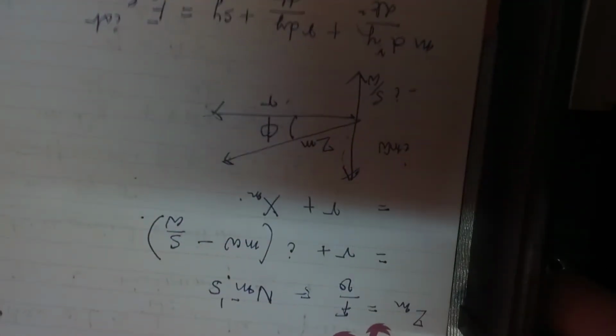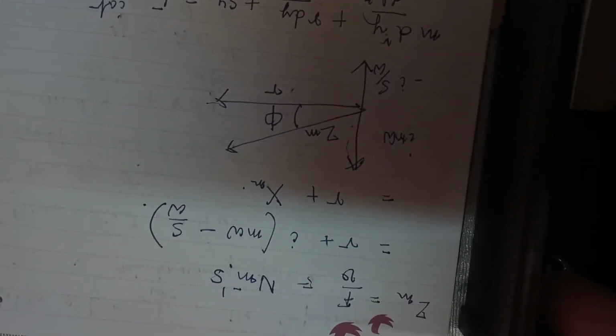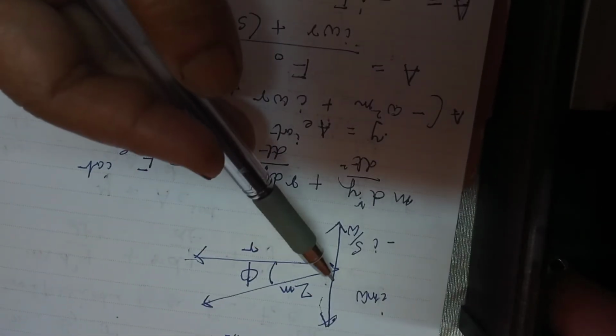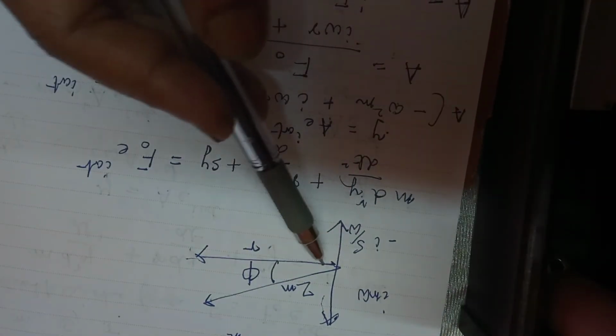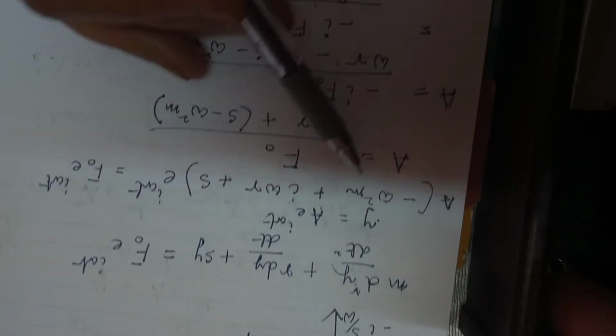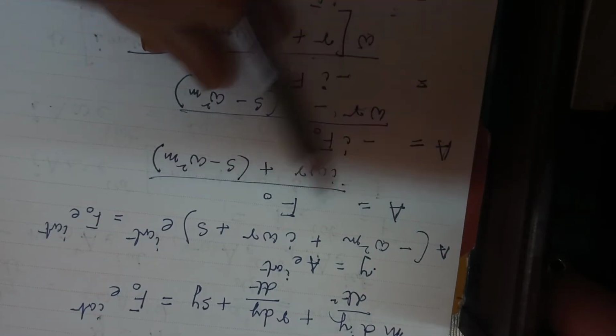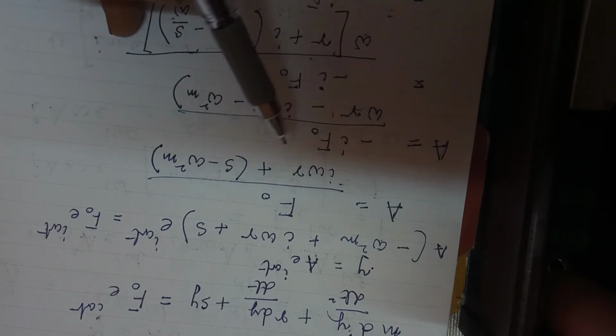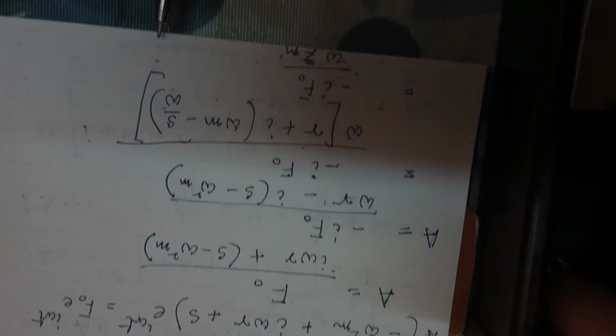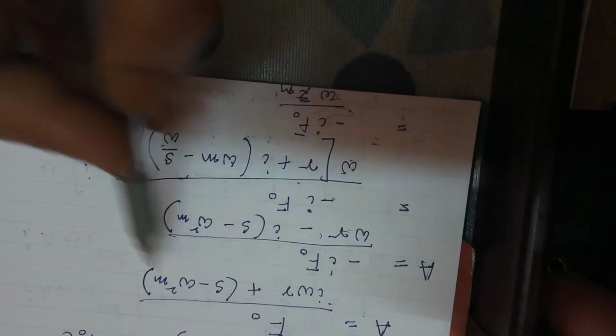Now when we try to draw a vector diagram of the same, you see this is i m omega, this is minus i s by omega, this is Zm, and the same differential equation, if we proceed with, this is what we get for our amplitude. So what we try to do over here is make it simple.